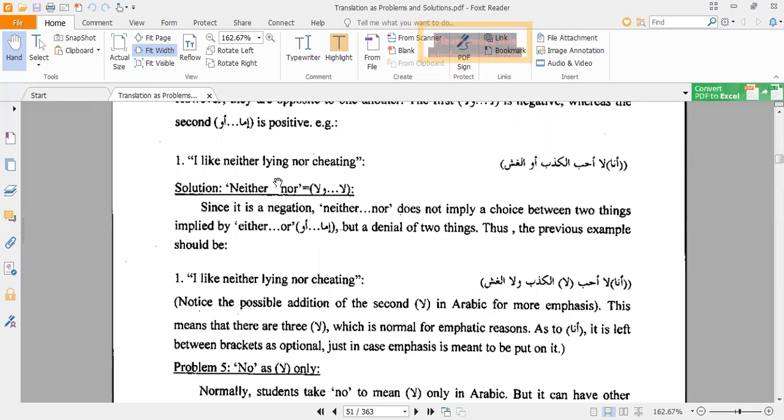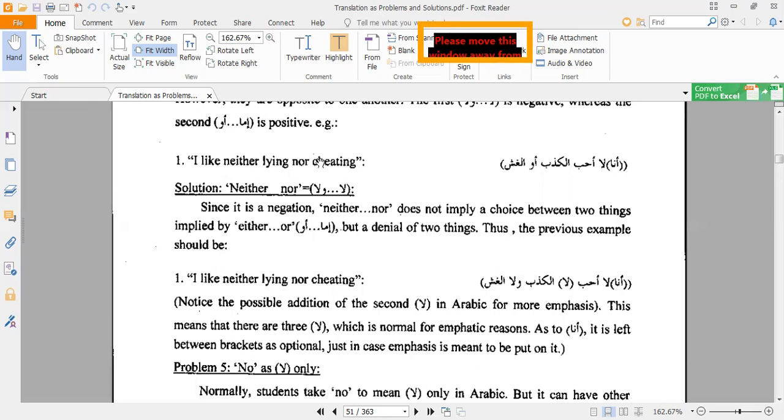But in the English sentence, I don't like either of them, neither this nor that. So the negative neither nor is used to negate the two things, lying and cheating.